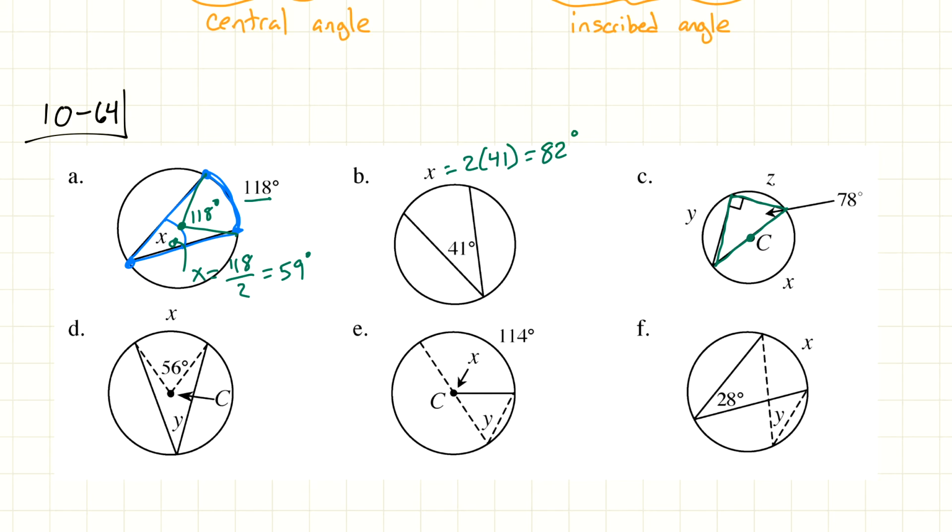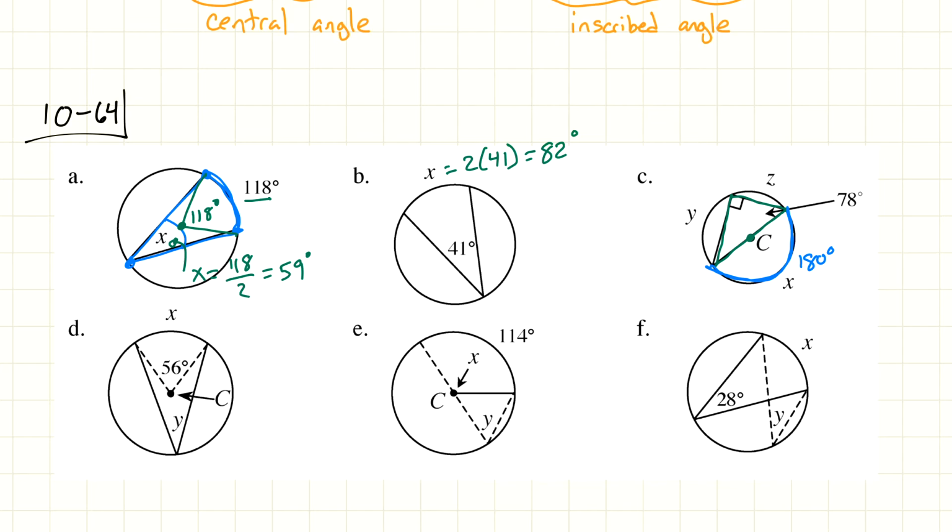The first thing is, if it's half of a circle, that must mean that this is 180 degrees. So I'm going to say x is equal to 180 degrees on this one, which means y and z must equal 180 degrees together. So I'm going to focus on y.